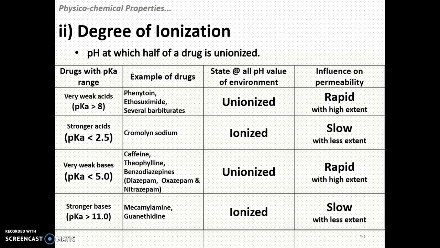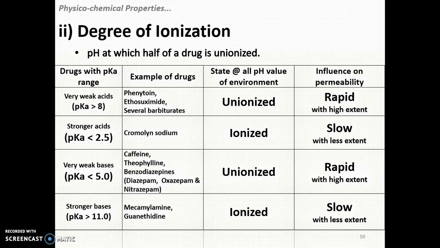We have categories like very weak acidic drugs, stronger acids, very weak bases, and stronger bases, along with their examples. For example, very weak acidic drugs like phenytoin remain in the unionized state at all pH of the body.